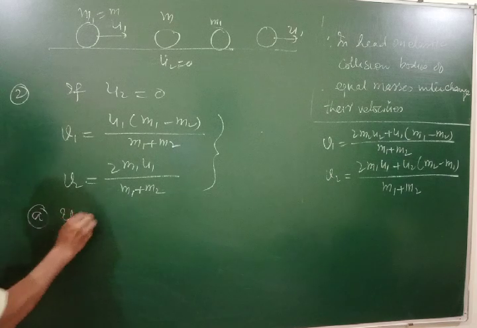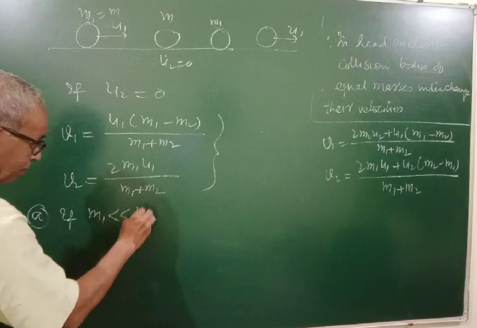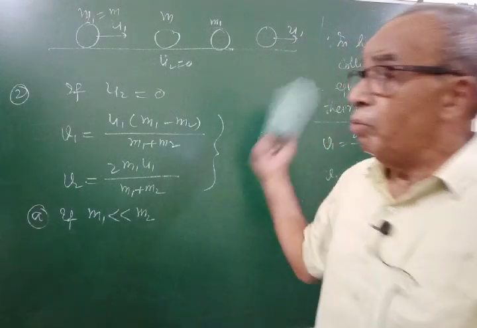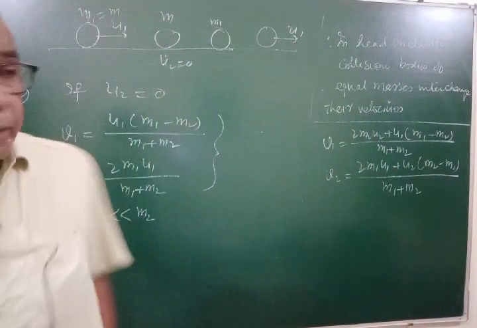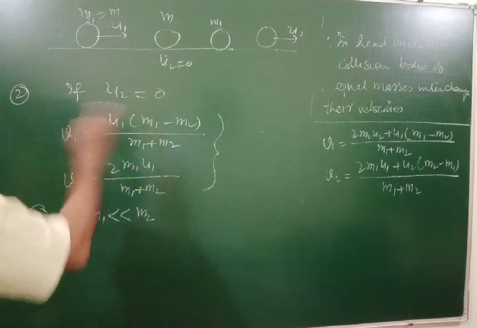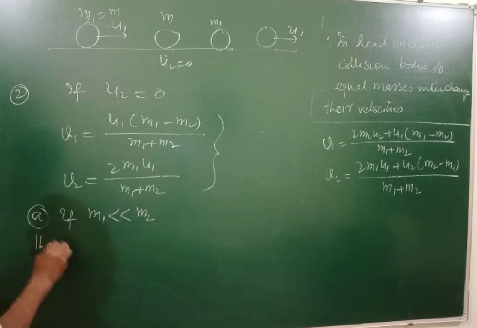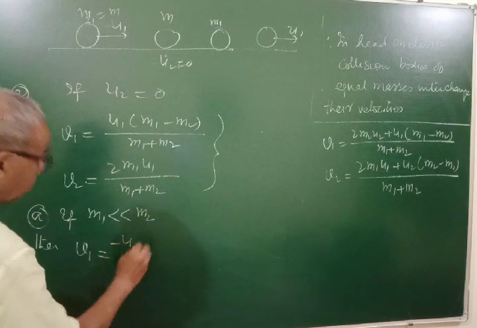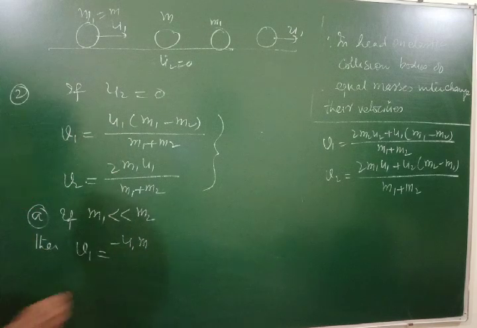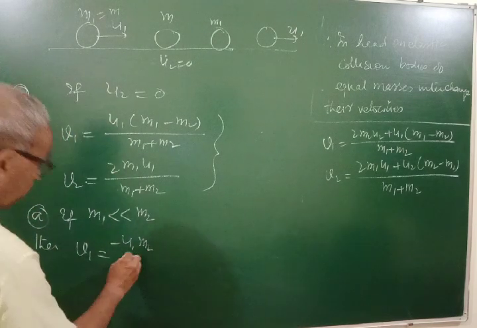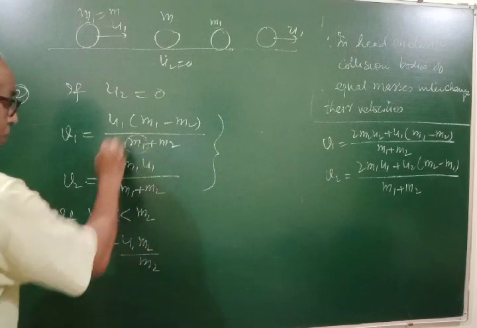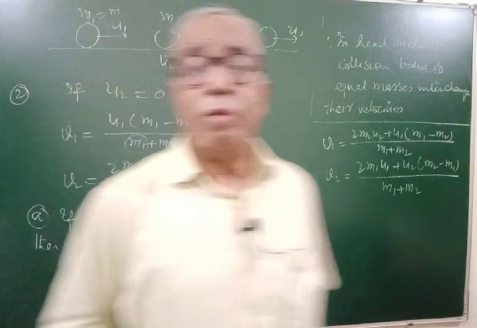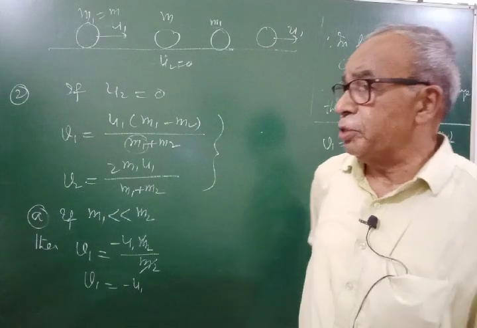A, if m1 is very much less than m2, m1 means moving mass, m2 at rest, and this way when we say it is very much less than, so m1 negligible होगा, then v1 is equal to, it is negligible, so u1 (minus m2) upon m2. क्योंकि m1 नेगलिजिबल है, तो v1 is equal to minus u1, meaning the colliding body will be reflected back with the same speed.